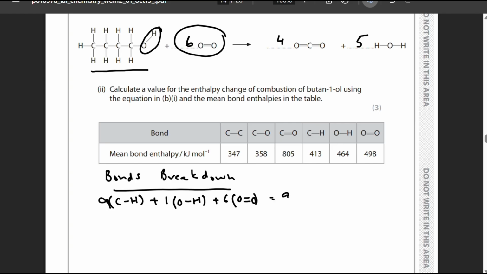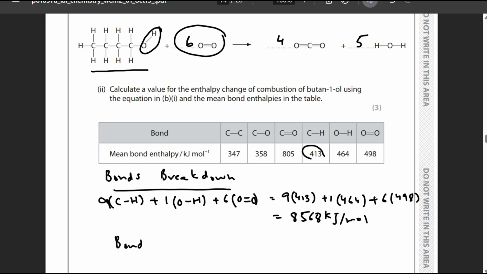So if you calculate the value 9, the value of carbon hydrogen bond is 413 plus hydrogen oxygen bond 464 and oxygen oxygen bond 498. So the total value is equal to 8568 kilojoules per mole.